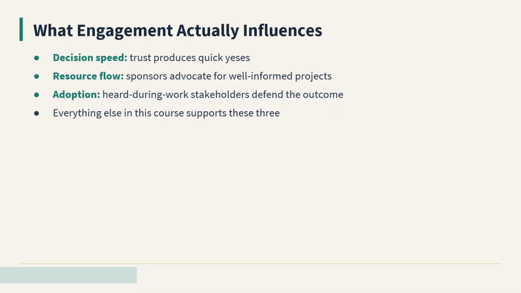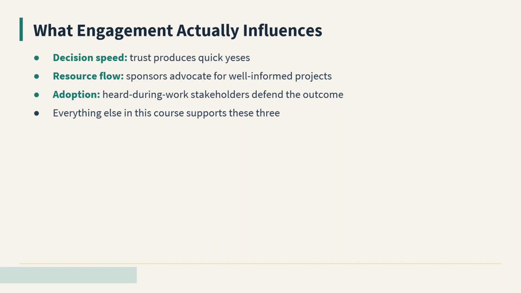And it determines whether the final deliverable is embraced or rejected, because the people who feel heard during the work are the same people who will defend the outcome. These three levers, decision speed, resource flow, and adoption, are the real output of engagement work. Everything else in this course is in service of those three.